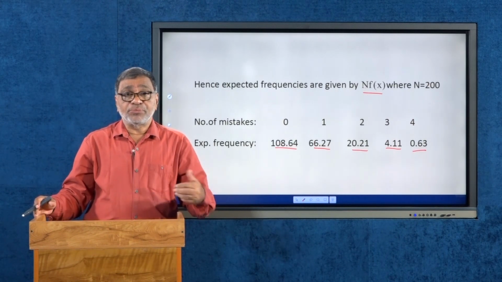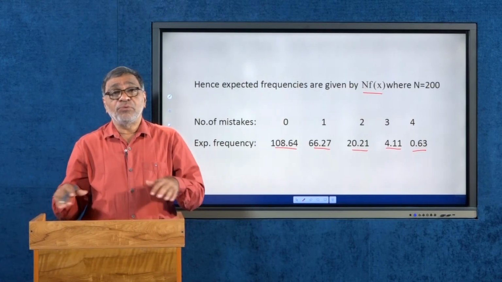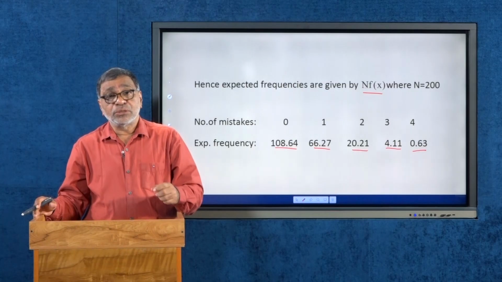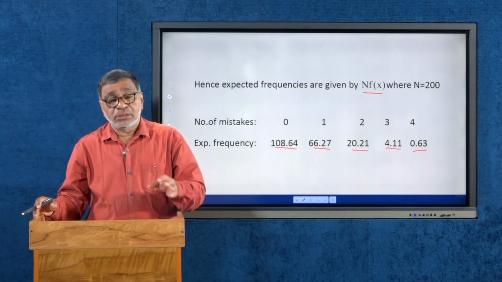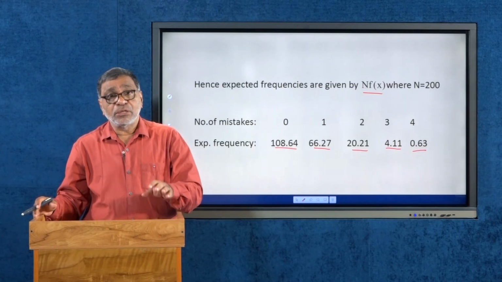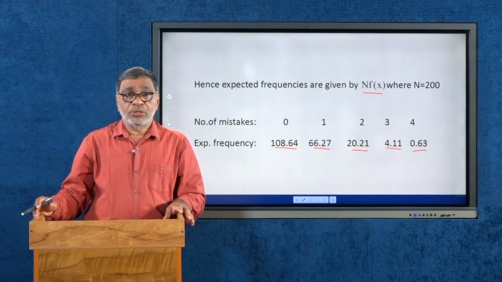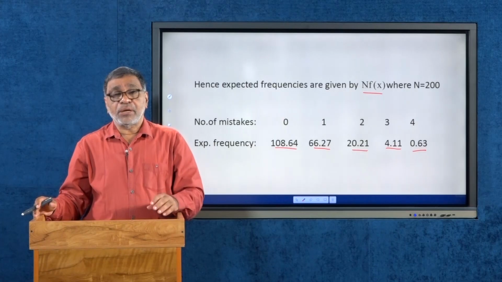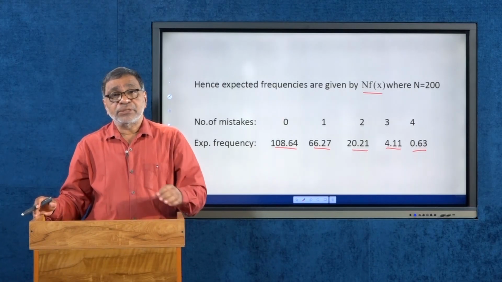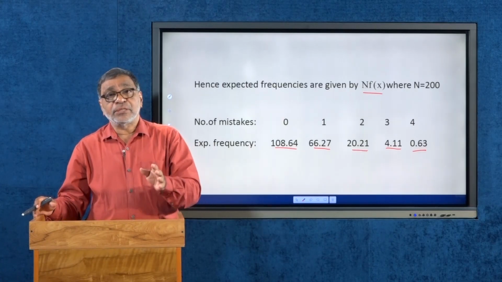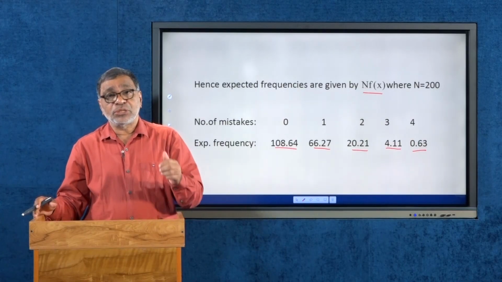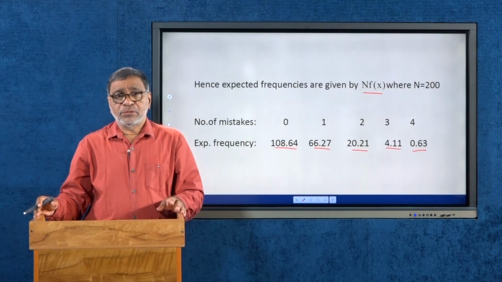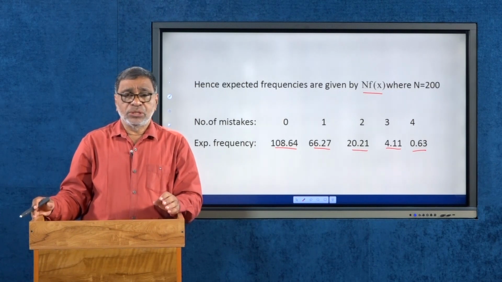If the observed frequencies are given, we find the expected frequencies based on the assumption that this can be modeled using the Poisson distribution. First we identify the parameter lambda: we identify the sample mean and equate it to lambda, because lambda is the mean, and then find N times f of x, which is our expected frequencies.